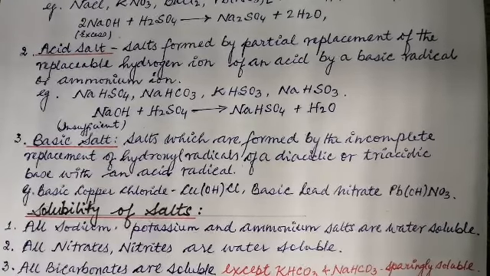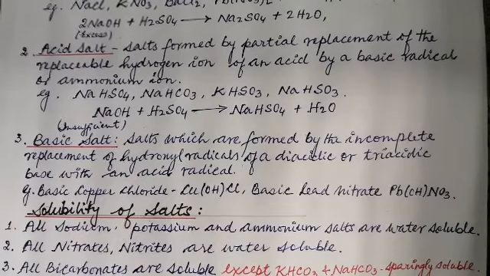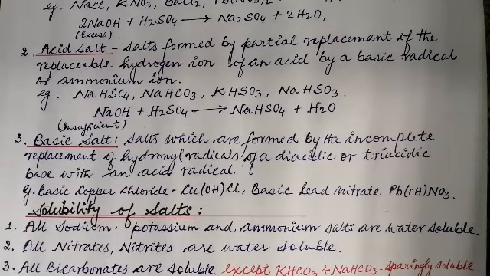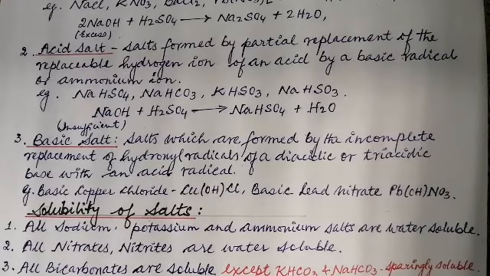For instance, magnesium hydroxide, calcium hydroxide, Ca(OH)2. There are two hydroxyl ions in it. Triacidic base, for instance, you studied aluminium hydroxide, ferric hydroxide, like Al(OH)3. Okay, so there are three hydroxyl ions.